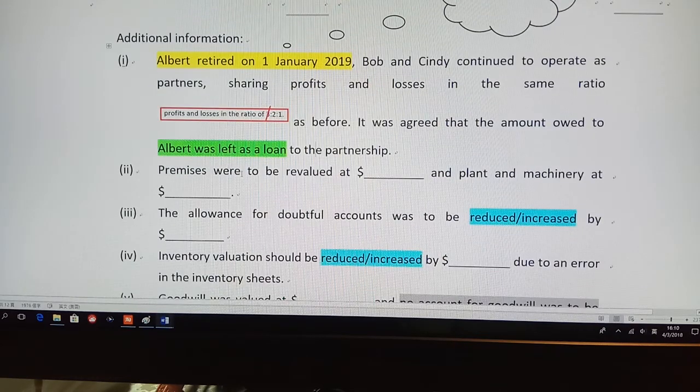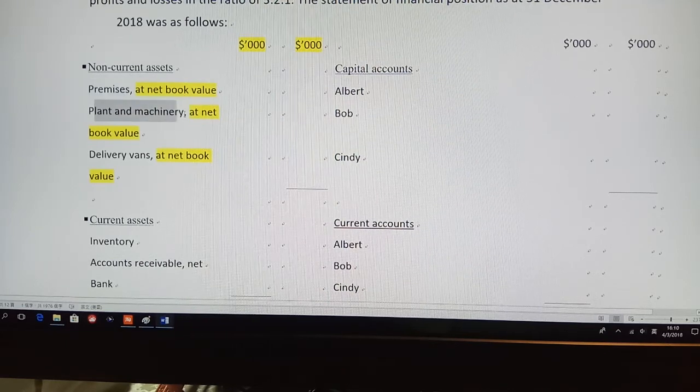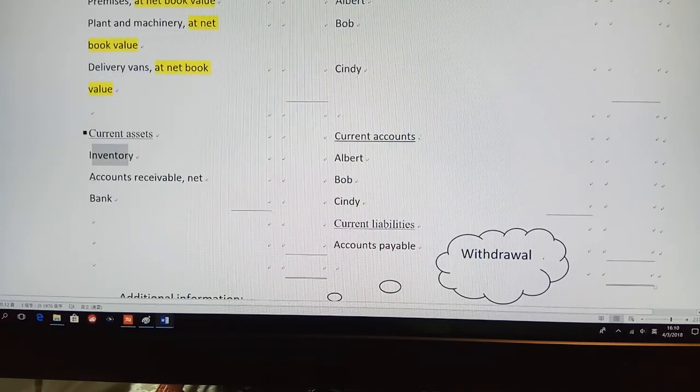So go on. When we deal with the admission or withdrawal of partners, we should note the revaluation of the assets. Right here, we have premises, plant and machinery, delivery vans, inventory, accounts receivable. Okay.